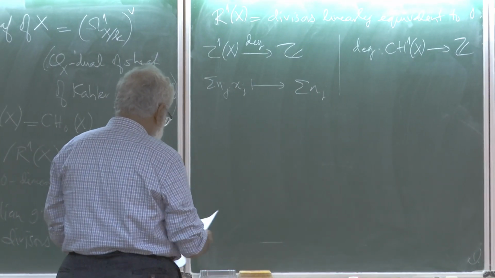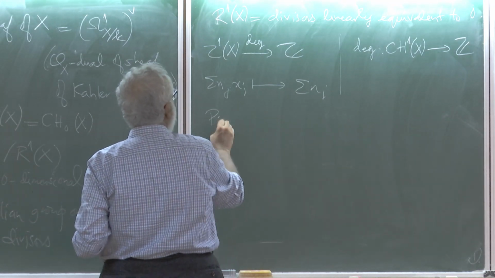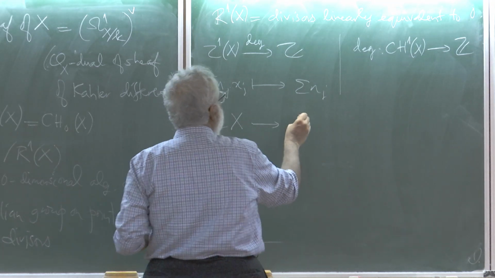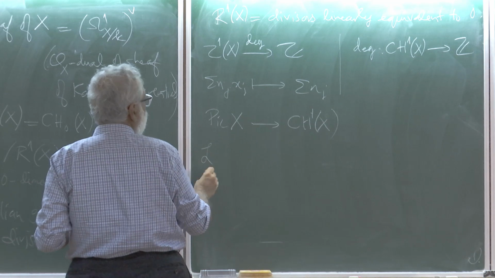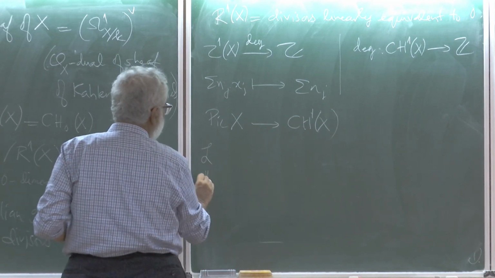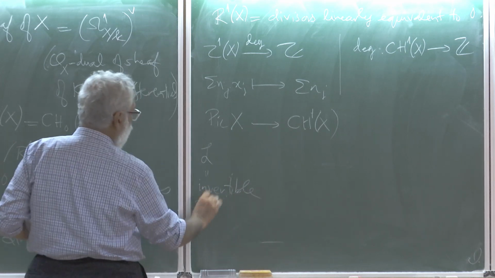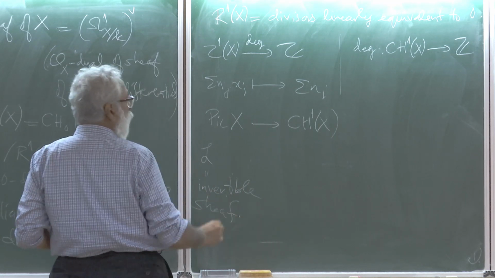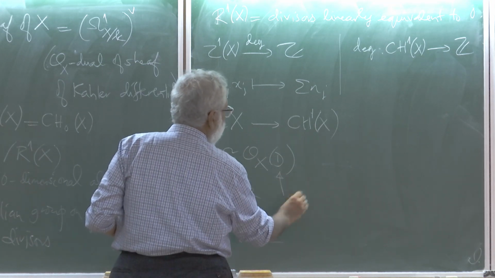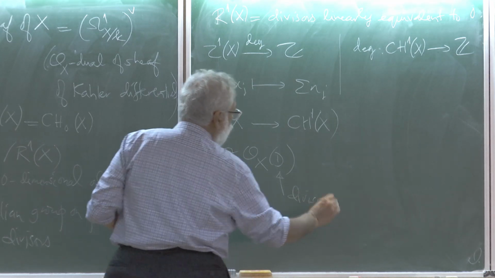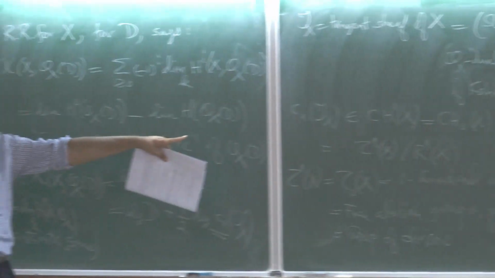Here, the point is that there's a map from Pic X to Chow1 X with the fact that if I take any L, it's an invertible sheaf, then any such L is isomorphic to O_X(D) for some divisor D. I mean, there may be many Ds which have this property, but every L occurs in this form.